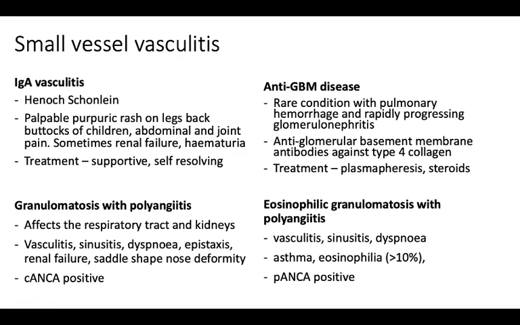And importantly, it's C-ANCA positive, so cytoplasmic ANCA positive, whereas the other ANCA vasculitis is this one, which is P-ANCA positive. So you have to remember which one's which. So the way I remember it is that this is called Churg-Strauss.